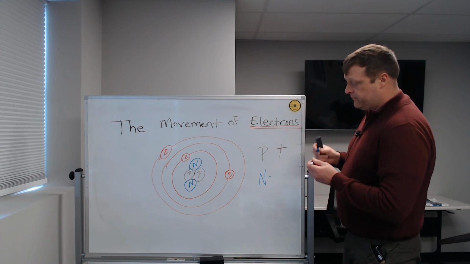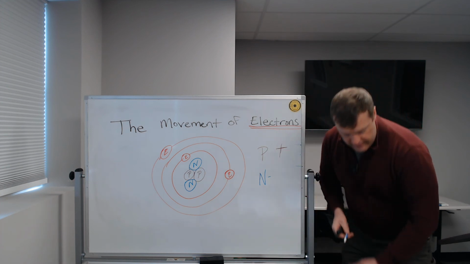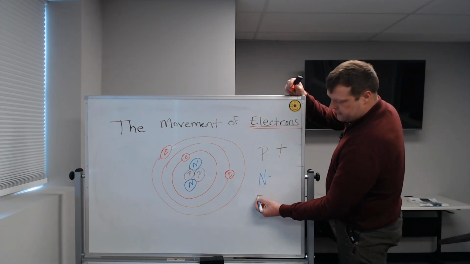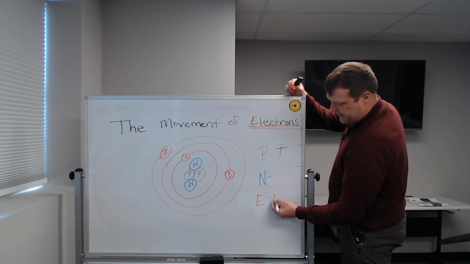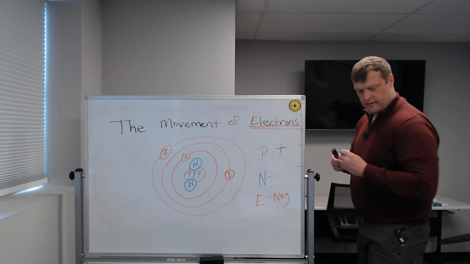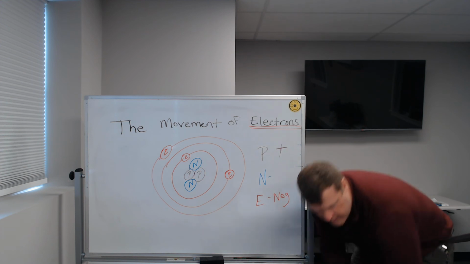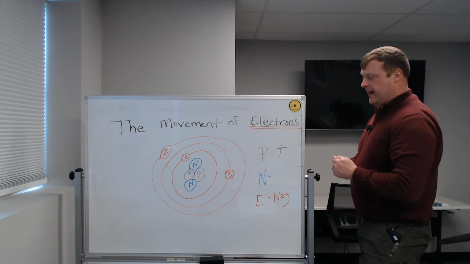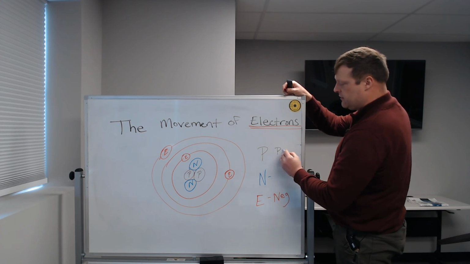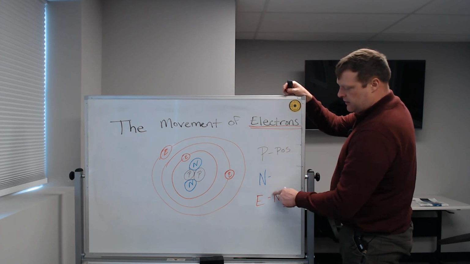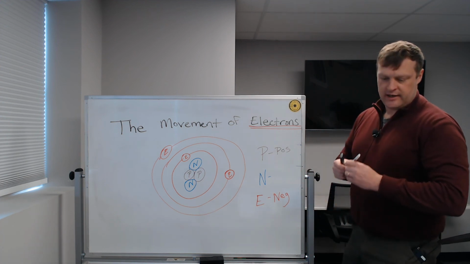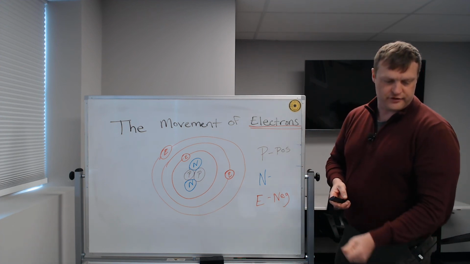They're neutral, okay? And then electrons, they have a negative charge, okay? So it's important that we understand that protons have a positive charge, neutrons have a neutral charge, and electrons have a negative charge.